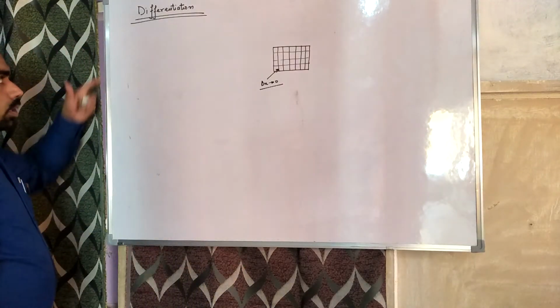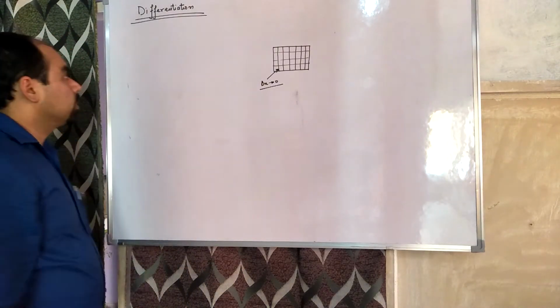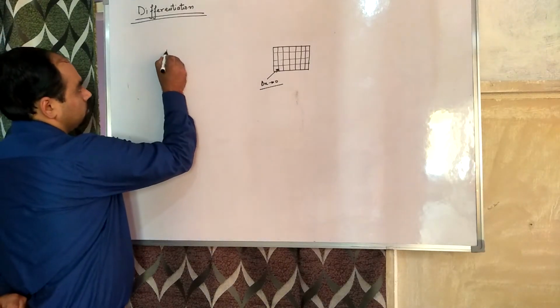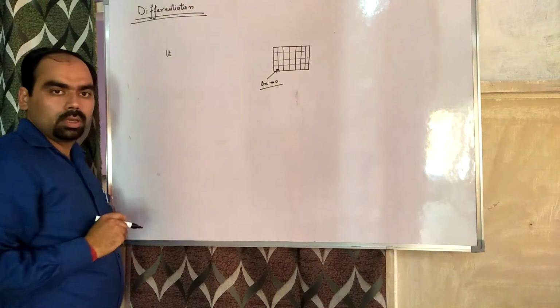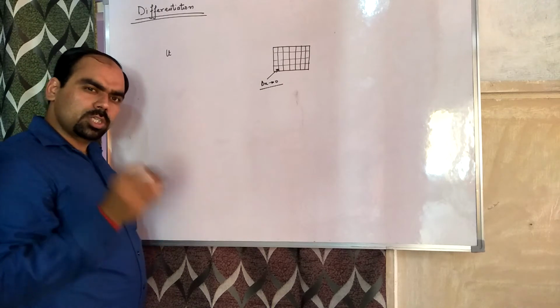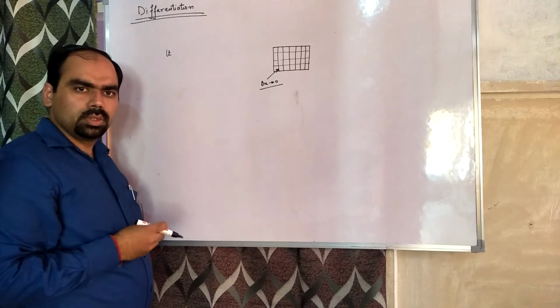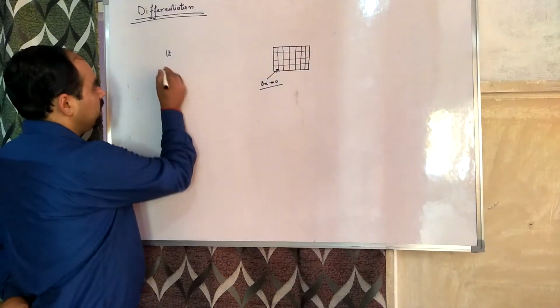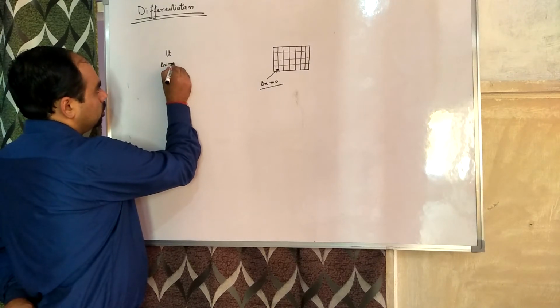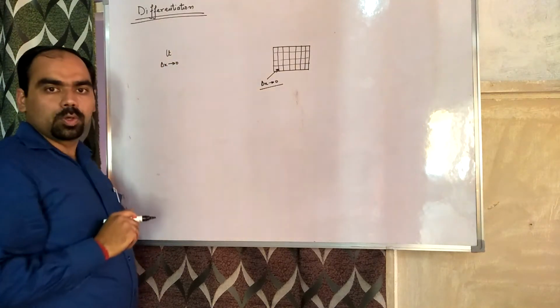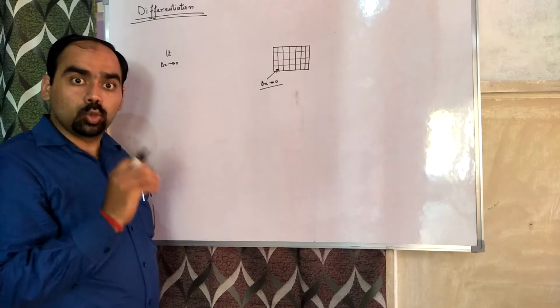Now, a formal definition: it is actually a limit. To what? To the small increment of the variable. If this is a variable, and the limit is approaching 0. Limit to what?